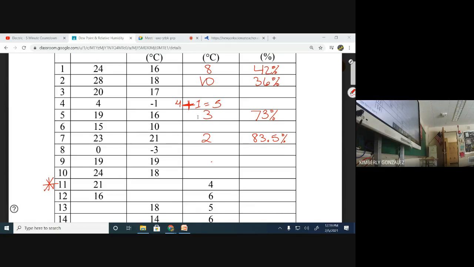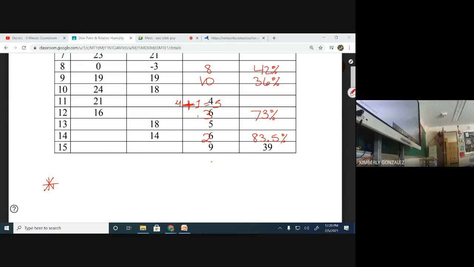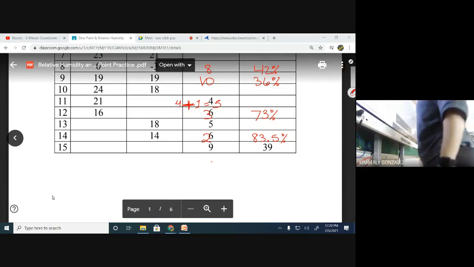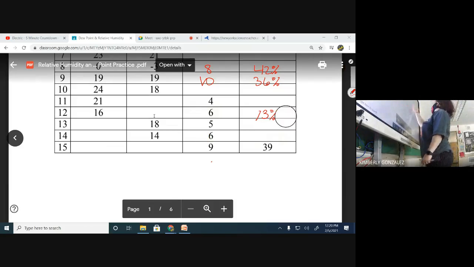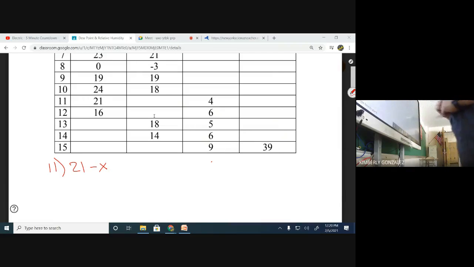And when you get down to number 11, do you want me to do that with you? Okay, let's look at number 11. You have 21 minus, we don't know what the wet bulb temperature is, but we do know the difference between the two.